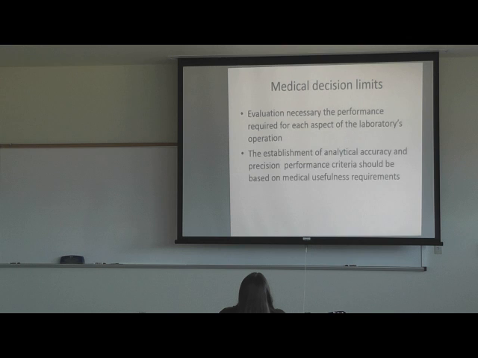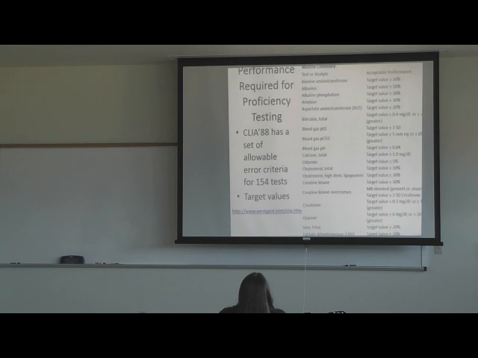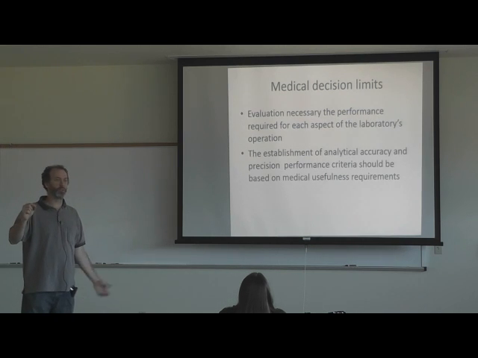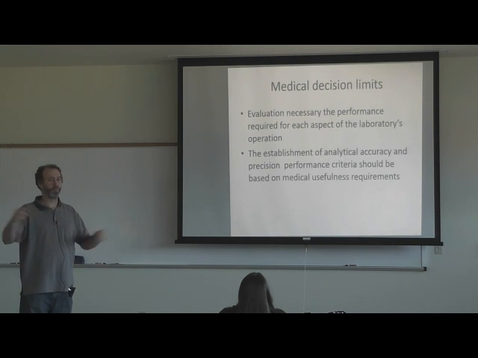So medical decision limits. This is what I was just trying to allude to. What do you think medical decision limits are? So those are the analyte values at which some medical personnel is going to make a decision about a diagnosis, right? So I think fasting blood glucose, if it's above what? I think 110.